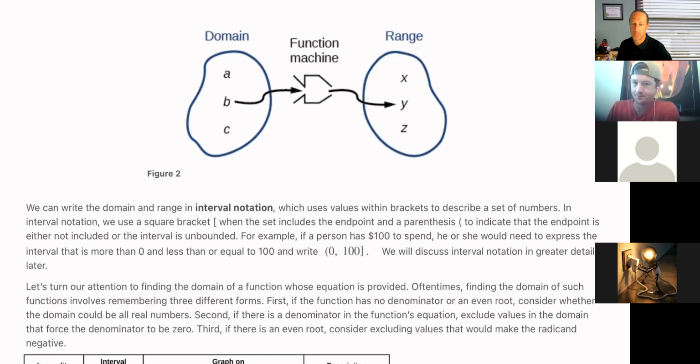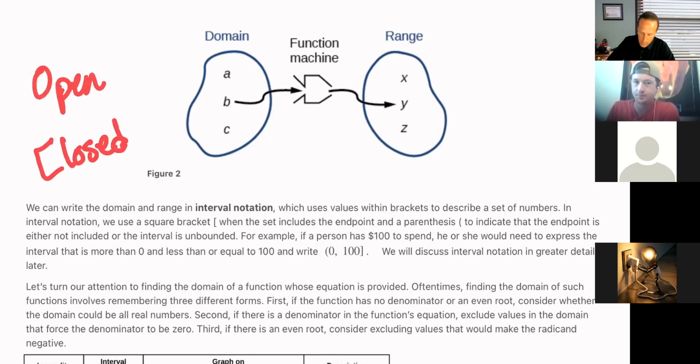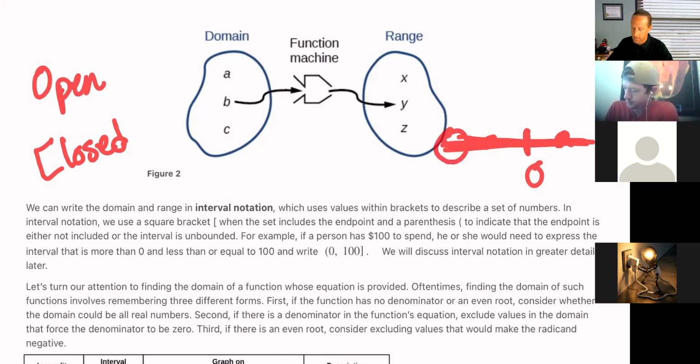In order for us to tell them what things we can input so that it does stay with that function notation, rather than listing everything because we can't, we're going to use this thing called interval notation. And do you guys remember the difference between the parentheses and the brackets? So greater than and equal to, or... Very good. If we're talking about a number line and all the things that do work that we can put into this function and we'll get something out, then we talk about the closed dots versus open dots.